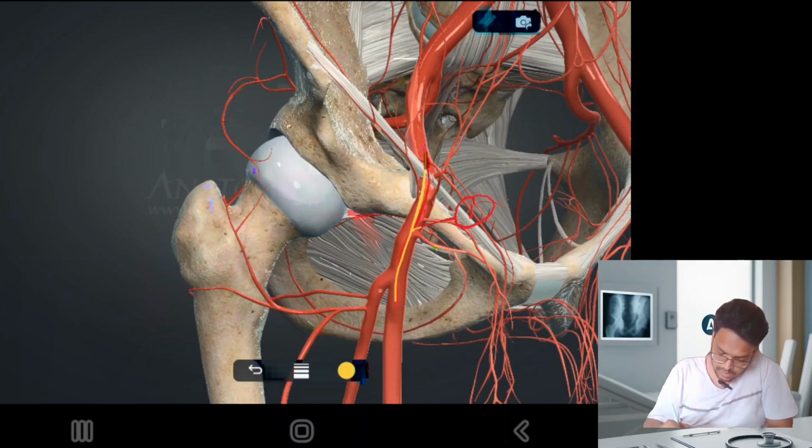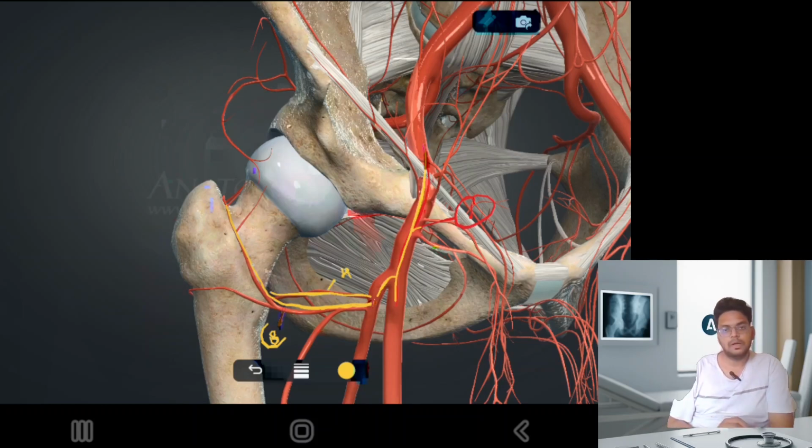Then this is number 2. Now from here there is a vessel going like this. This is number 3, and another vessel going like this, this is number 4. Now first tell me these four and we will go further.